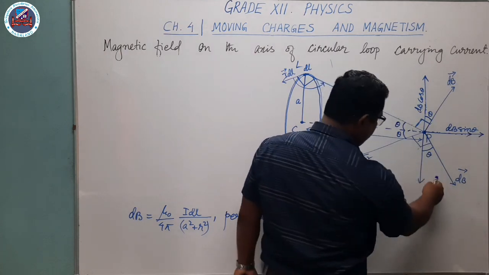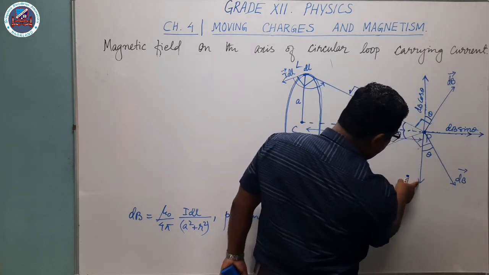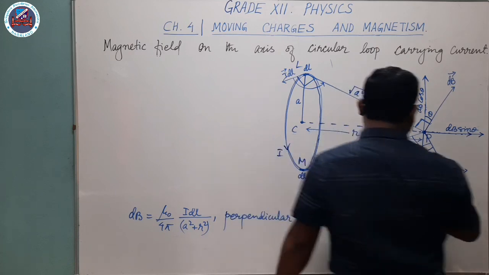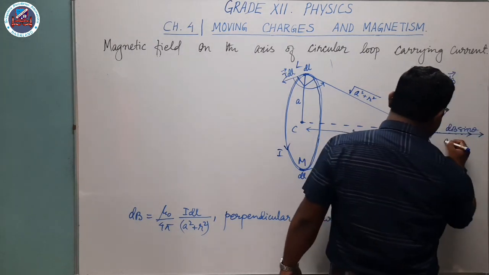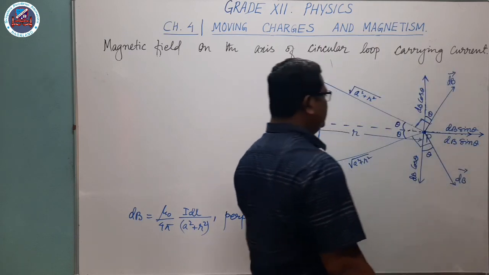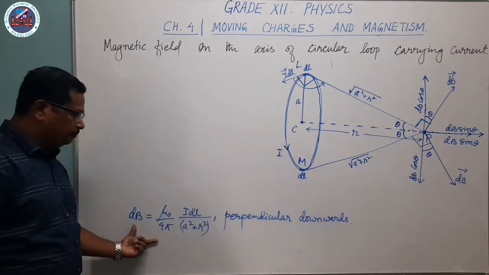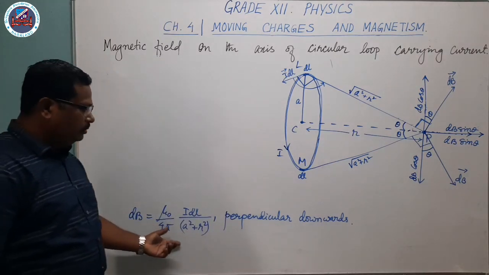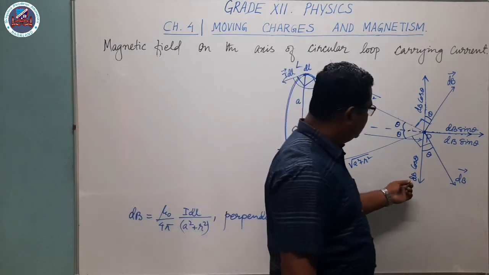Like that, here also, this is dB, the vector, and this one will become your dB cos theta, and this will become your dB sin theta. Like this you resolve it. But we all know that the magnitudes of the components dB are same.